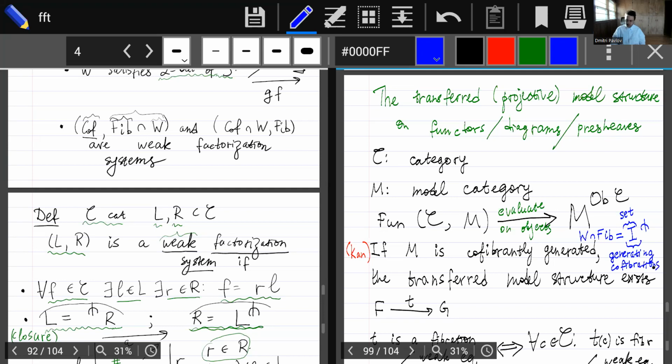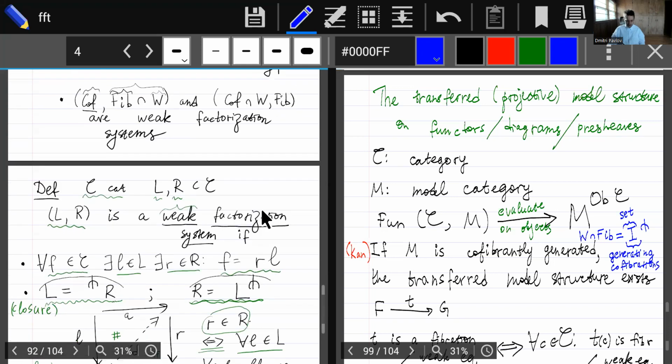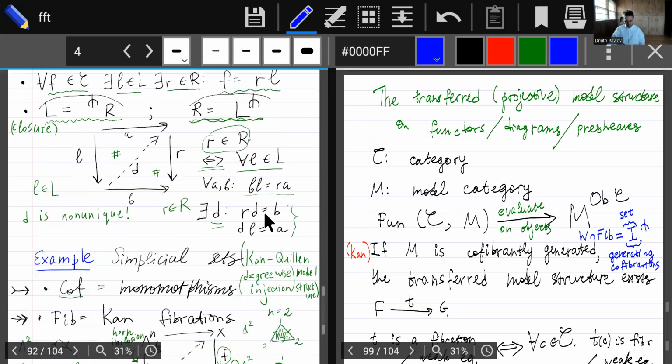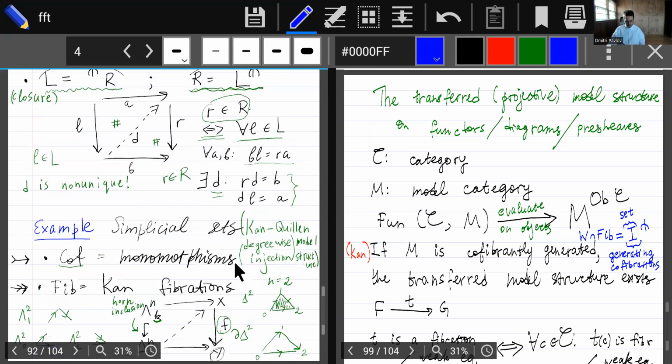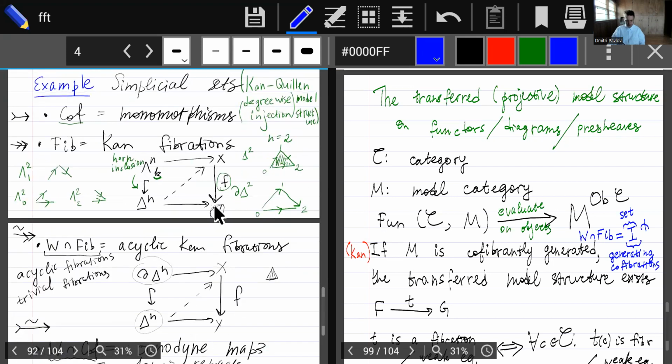Most model structures that will be of interest to us, pretty much everything, will be cofibrantly generated. As an example, let me remind you that in the Quillen model structure, fibrations, respectively acyclic fibrations, were defined using a right lifting property with respect to a certain collection of maps, namely inclusions of boundaries of simplices into simplices.